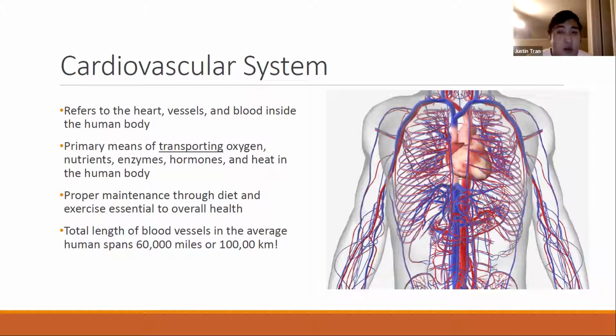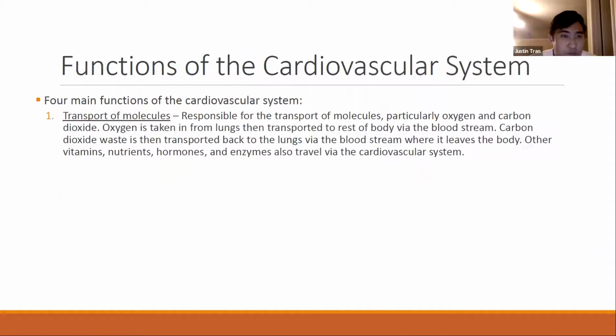The network is extremely vast. Again, another point from Tuesday: if you took all your blood vessels inside your body, which are so tightly bound up, and laid them end to end, it would span about 60,000 miles for the average person. So basically everyone has about 60,000 miles of blood vessels inside of them, which for me is really, really crazy to think about.